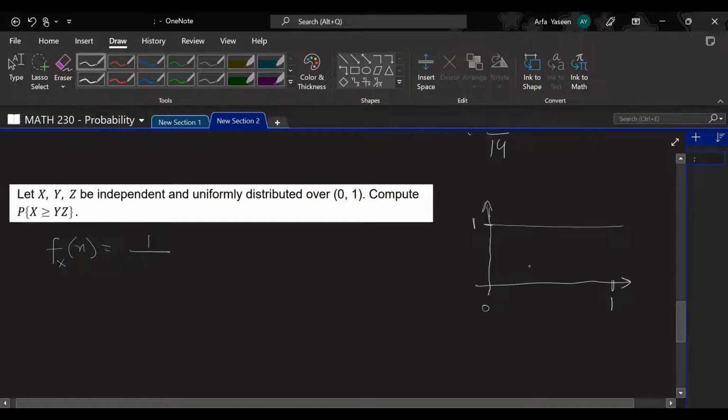So 1 over b minus a, which is 1 minus 0, which is 1. And that would be the case for y and z as well, because the interval is the same.